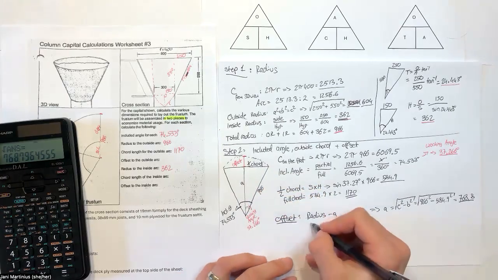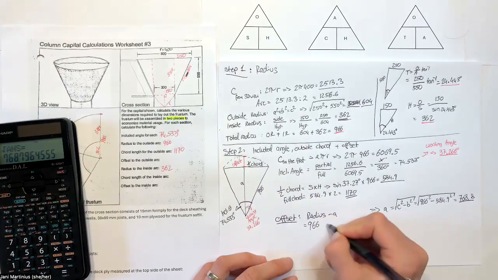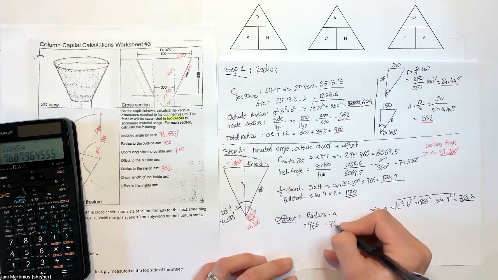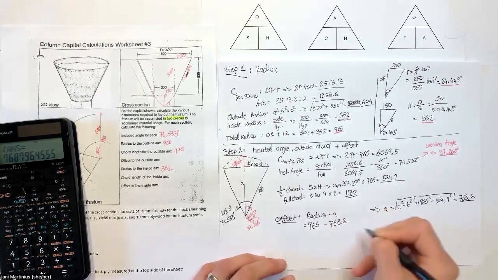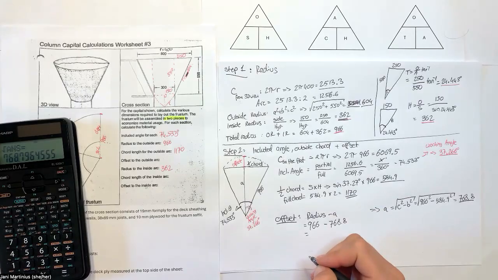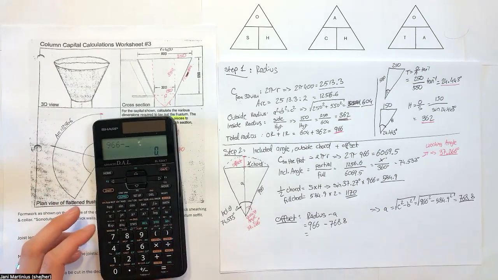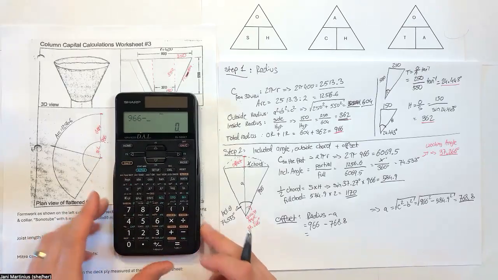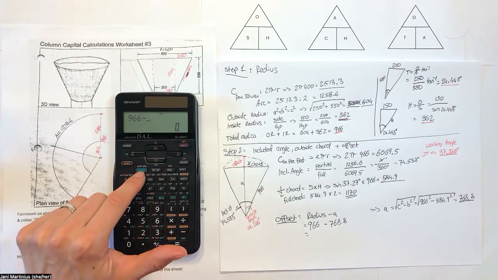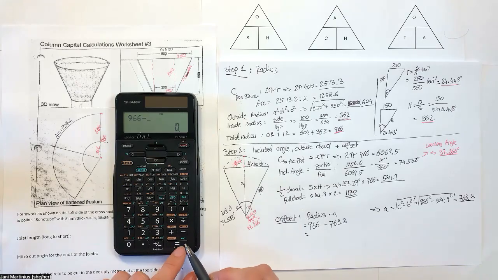So now radius, 966 minus A, we just figured it out, 768.8, gets us 966 minus. If you have this kind of calculator, you can see the alpha here, that's blue, and at the equal sign down here, there's an ANS for answer.